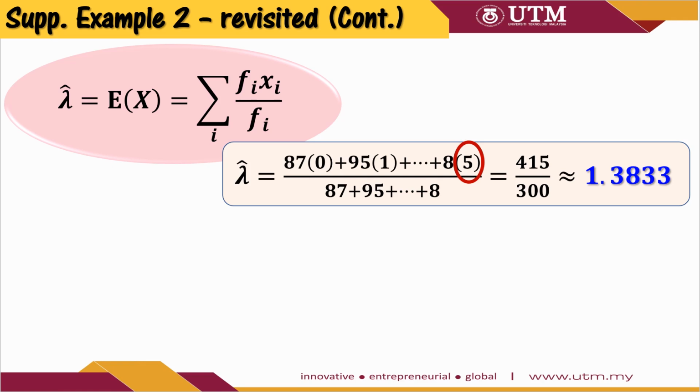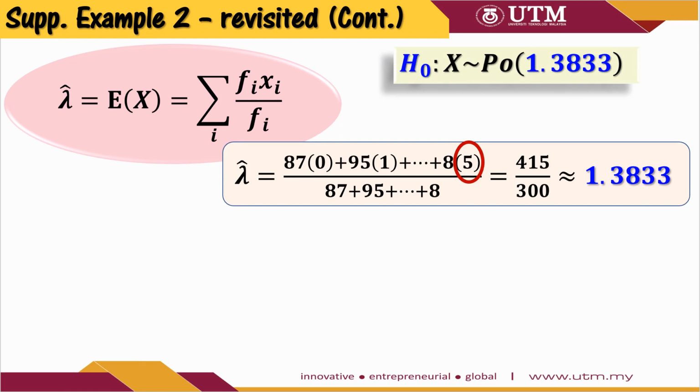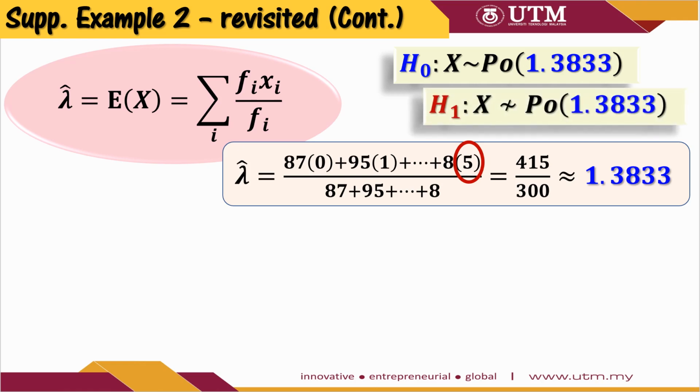Using this estimated lambda value, then under the null hypothesis H0, we can write the number of computer malfunctions denoted by x follows a Poisson distribution with mean 1.3833 per day, while under H1, x does not follow the Poisson distribution with mean 1.3833 per day.